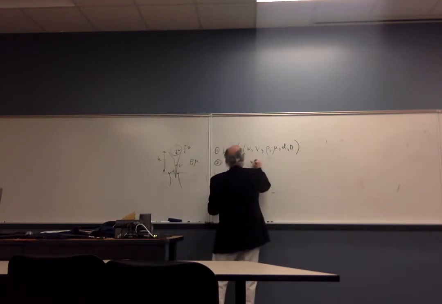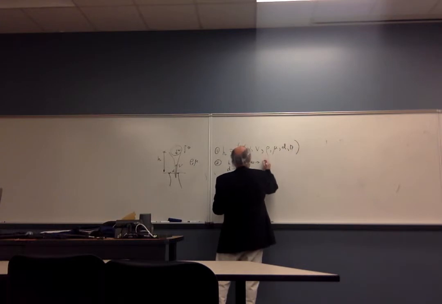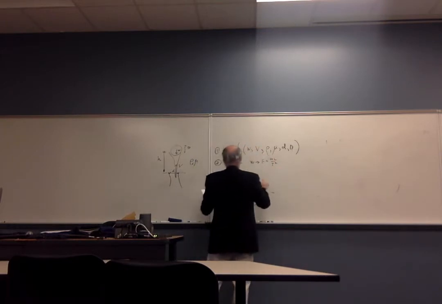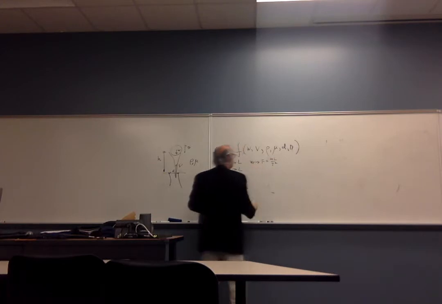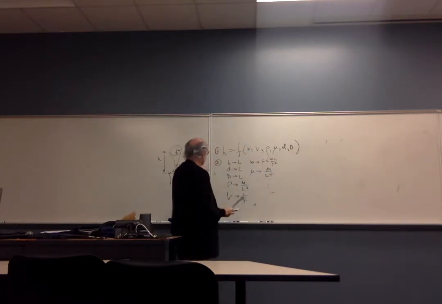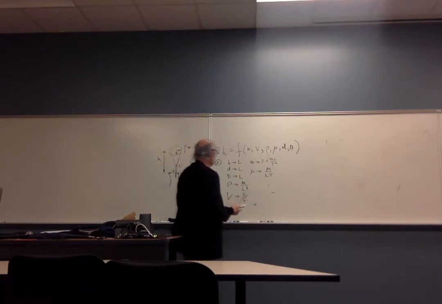Weight is force, so that's going to be M L over time squared. What am I missing here? Mu, yes. M over L T, right? 1, 2, 3, 4, 5, 6, 7. Okay, got that. So that's straightforward.